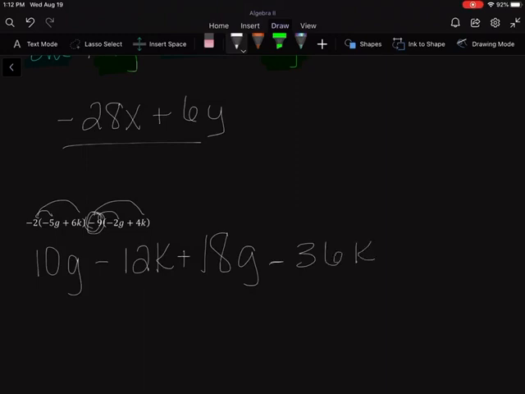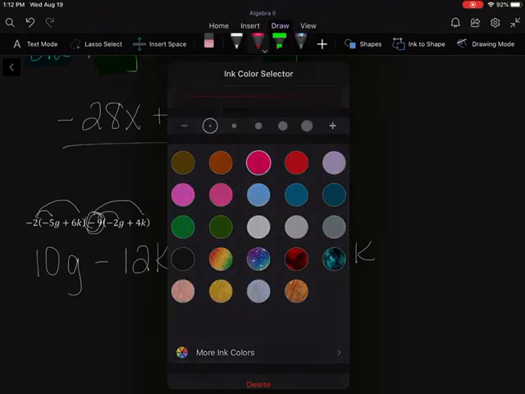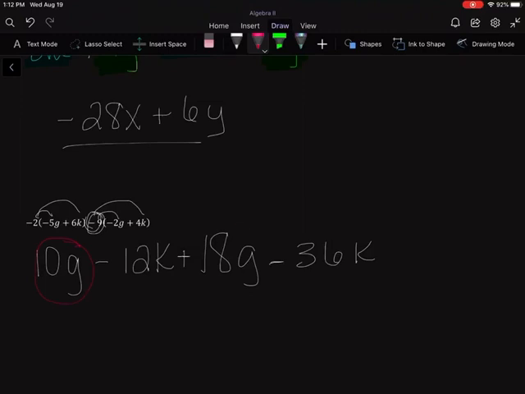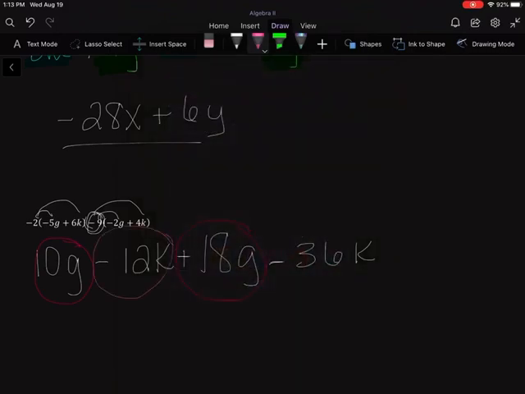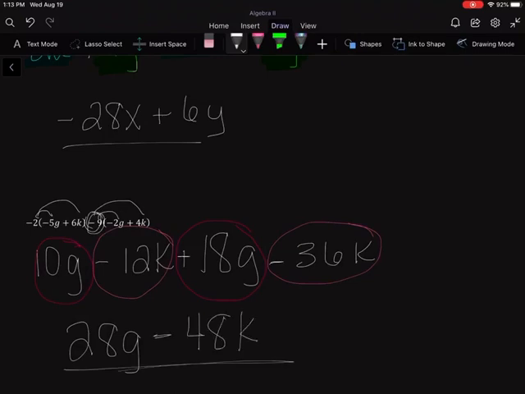And again, like terms, I'm going to circle them, maybe in a nice color. So I got this one and this one. And I have this and this. So 10g plus 18g is 28g. Negative 12k minus 36k is negative 48k. And that is it.